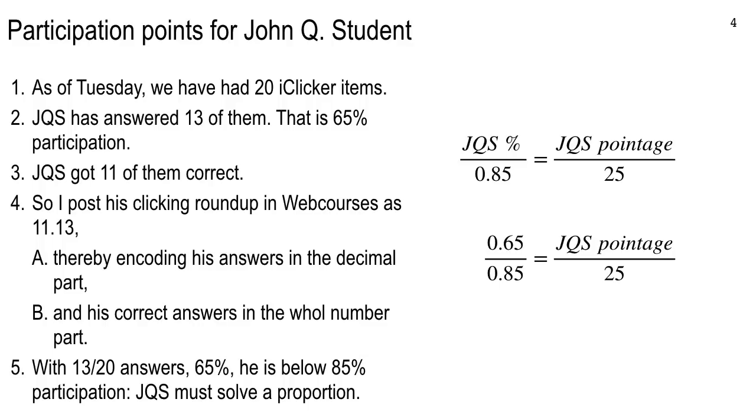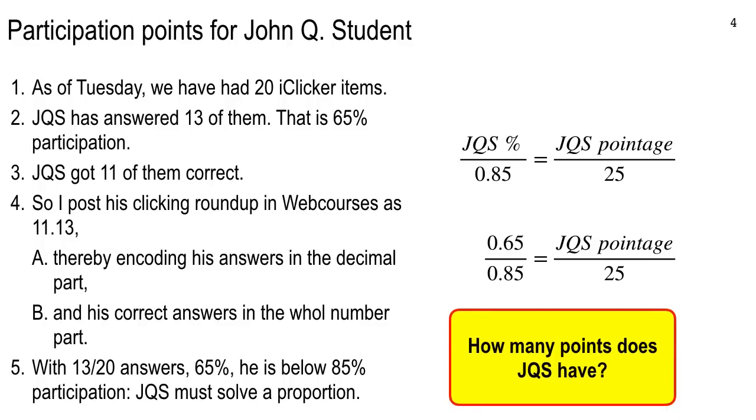I'm going to ask you, how many points does John Q. Student have? So you're going to figure out the numerator on the right-hand side of this proportion. Jot it down in your notes, and then you're going to have to do cross multiplication and figure out what it is. So take a second to jot down that second equation block.